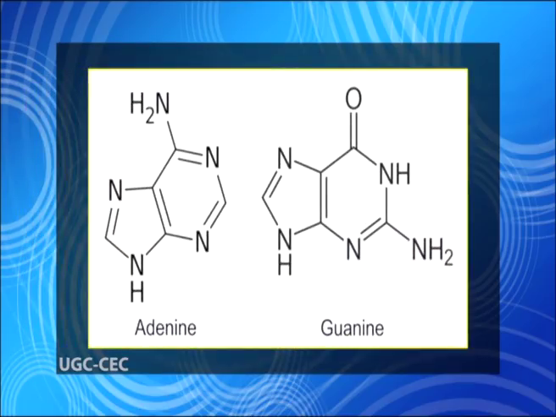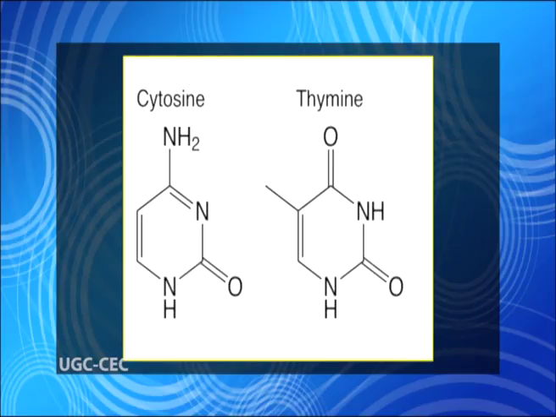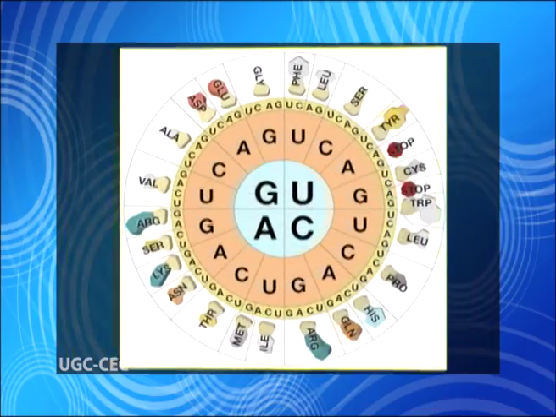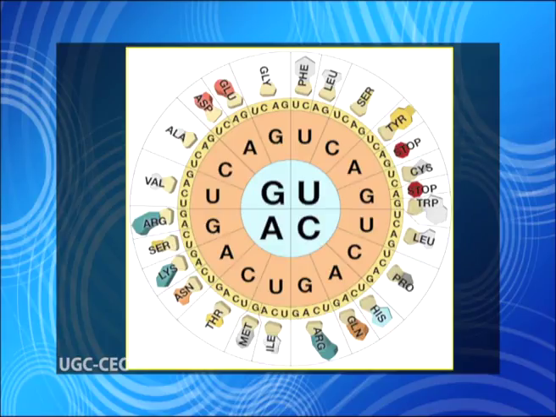DNA stores its hereditary information in the arrangement of its nitrogen bases, namely adenine, guanine, thymine and cytosine. These bases on arrangement give rise to code words called codons like TAC, GGG. Codons on further association form sentences called cistrons.